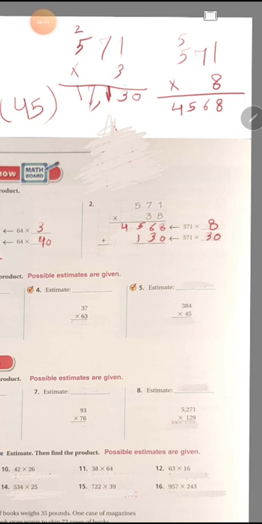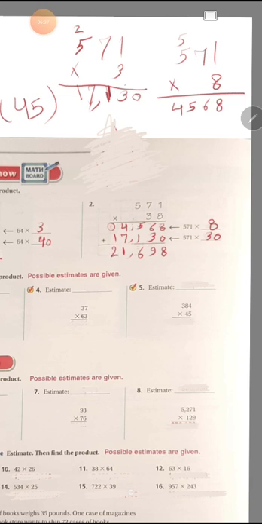Then to find the final answer, I have to add the two answers here. 8 plus 0 equals 8, 6 plus 3 equals 9, 5 plus 1 equals 6, okay, 4 plus 7 equals 11, and 1 here and 1 above that, ten thousands. 1 plus 1 equals 2.